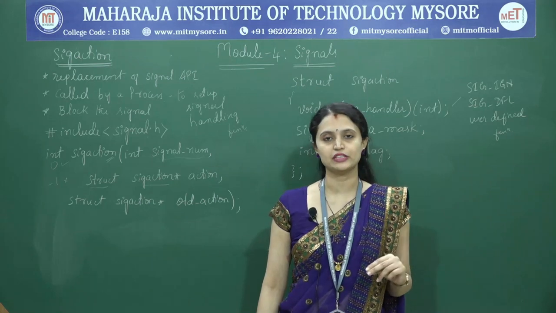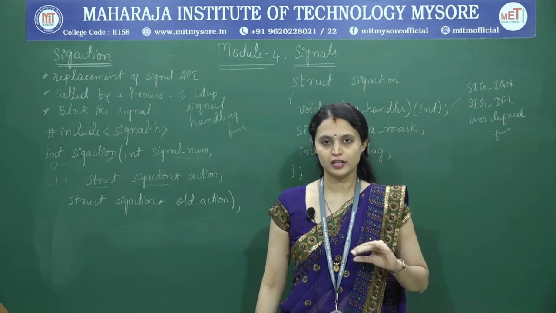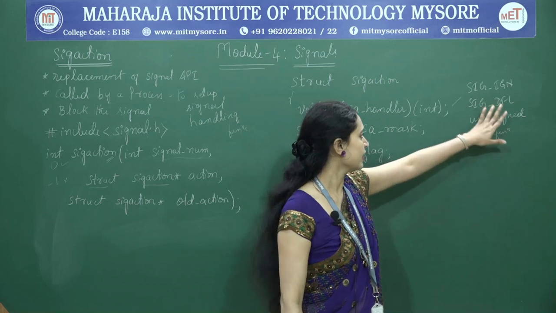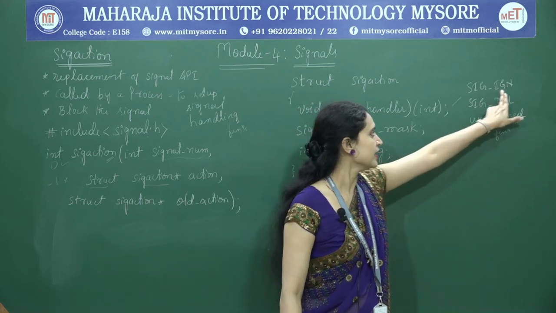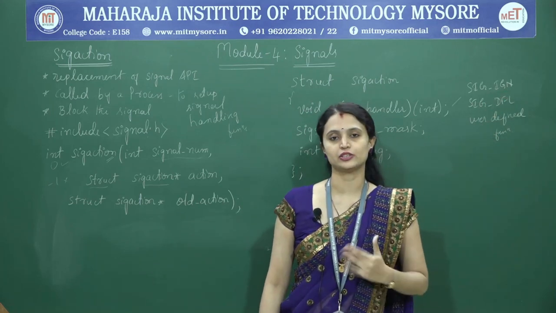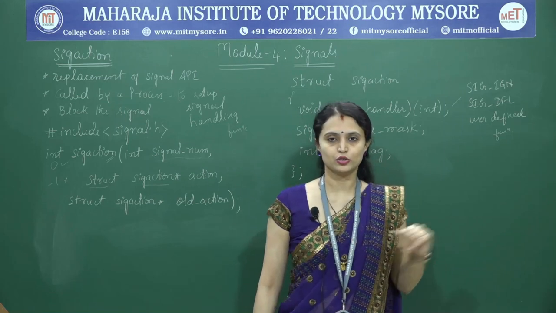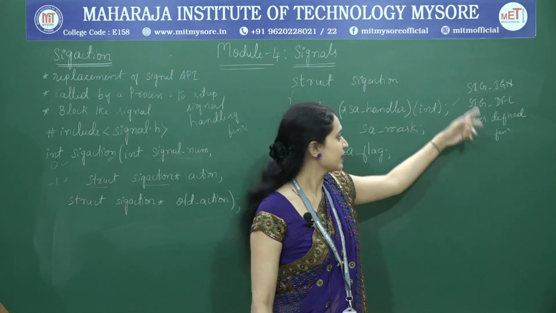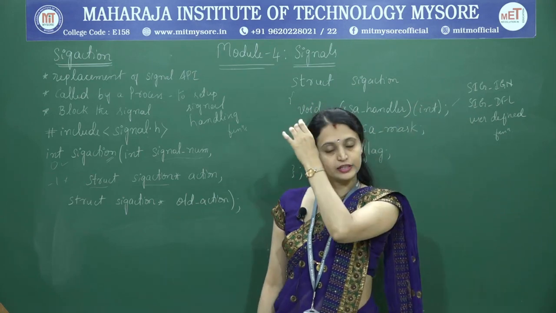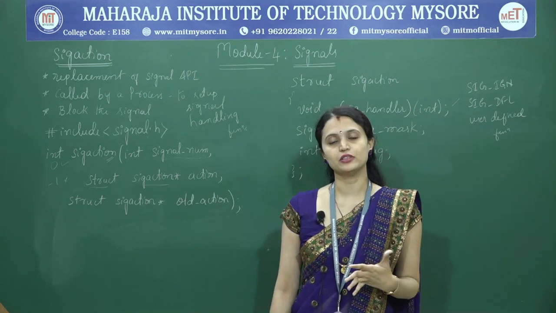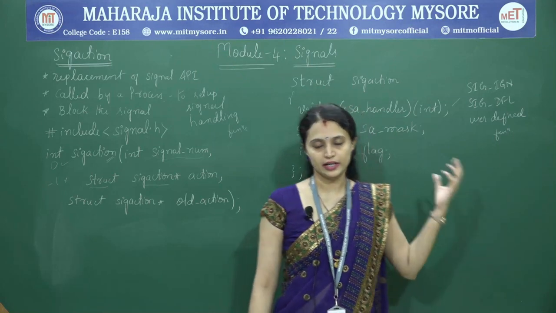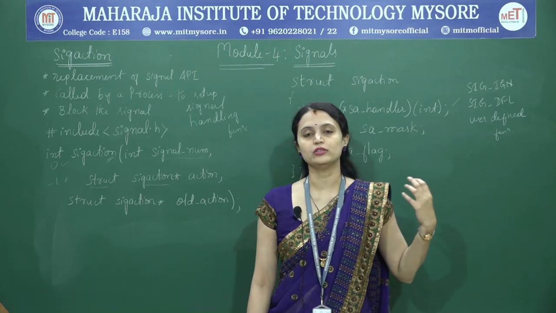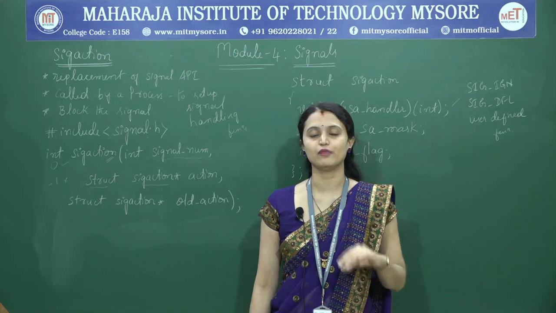These two are manifest constants representing the default action and the ignore action with the signal. So the first member can be set with either of these 3. It can have the ignore option, or the DFL option, or it can act as a pointer to the user defined signal handling function.